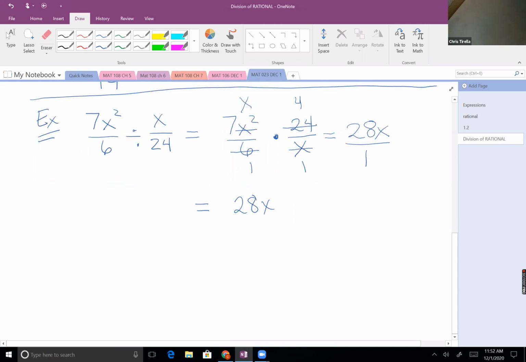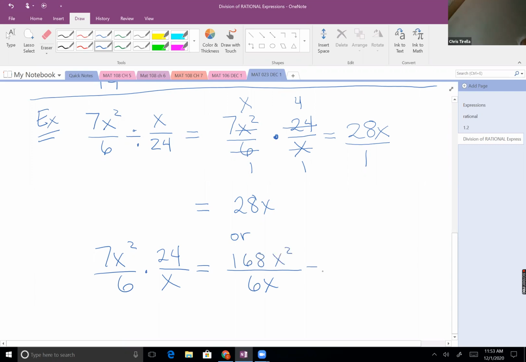And again, if you're not comfortable with the way in which I reduced those, the other option, once we have it rewritten as a multiplication problem, is to just multiply. Let's see, 7 times 24 is 168 x squared.